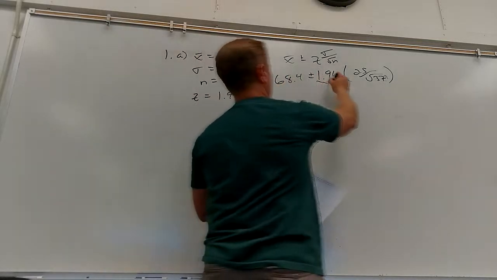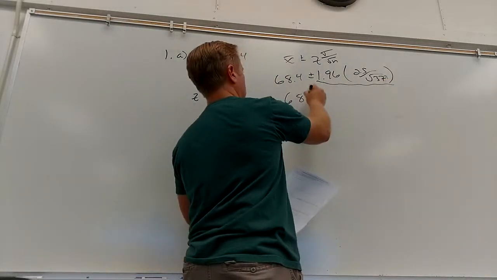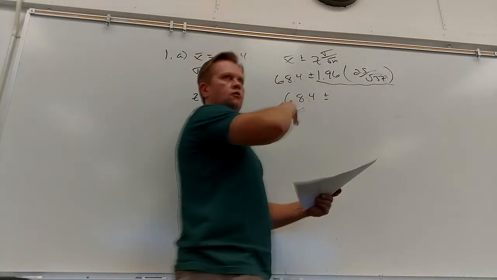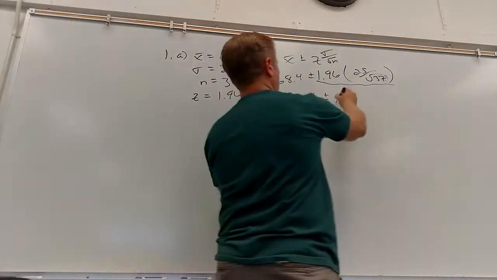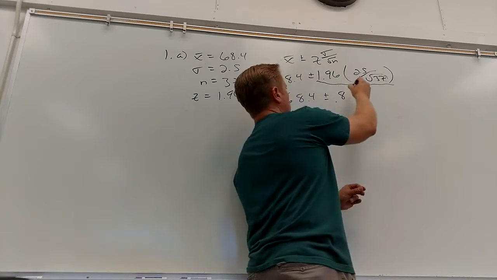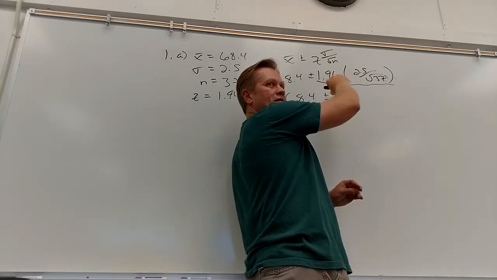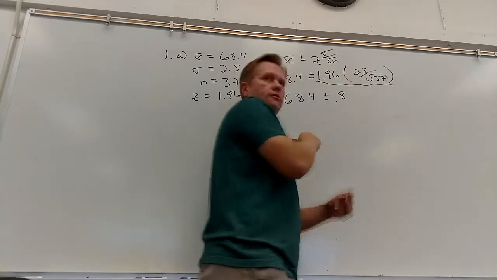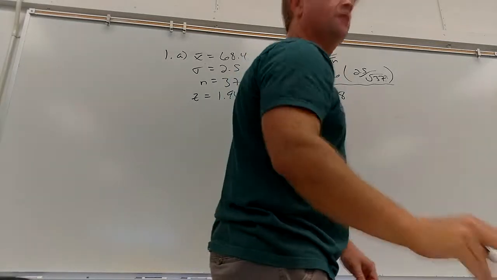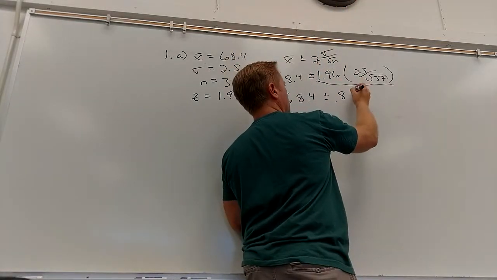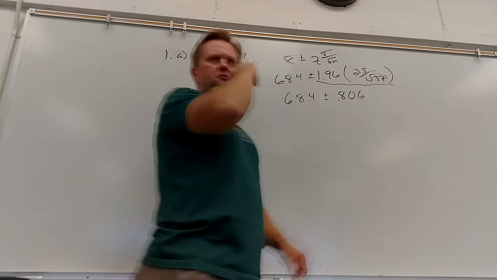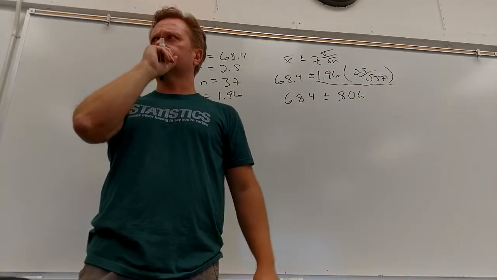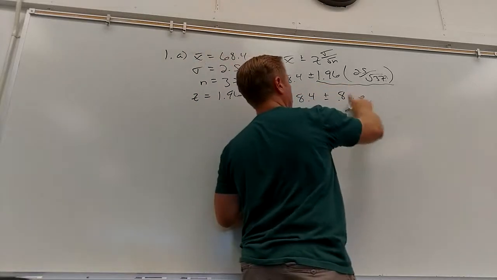And then when you do the error, what do you guys get for that? 0.87. 0.8. 0.80555. All right, so 0.806 or 0.81 even. That's good. Yeah, I'm going to use 0.81.